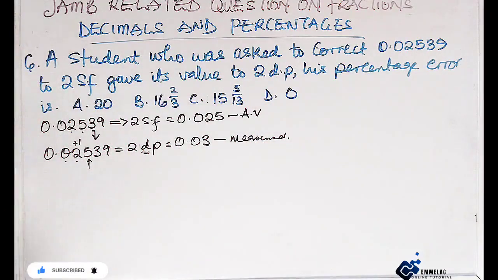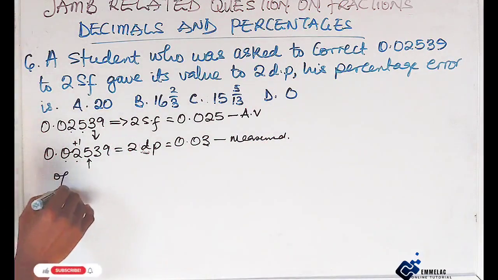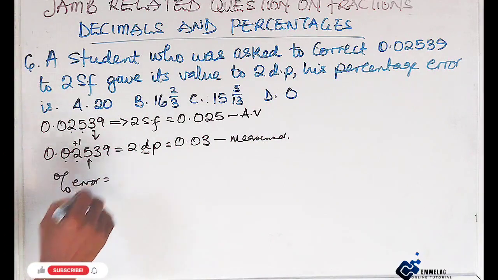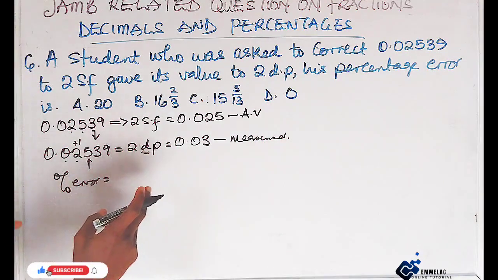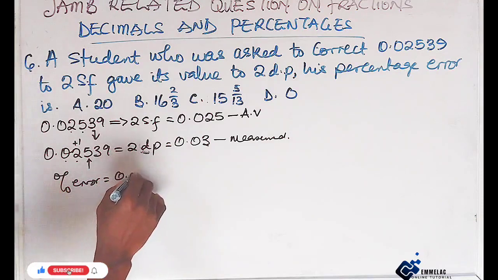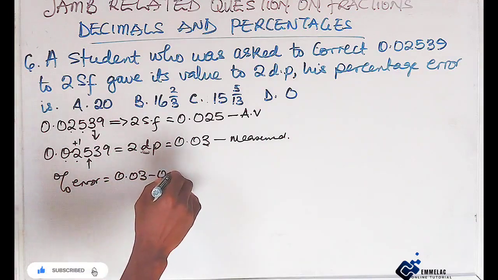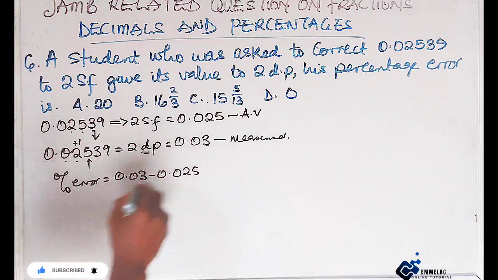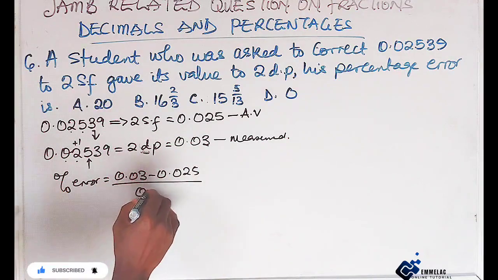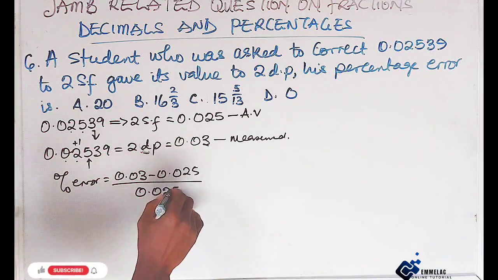Now for us to calculate the percentage error, that will give us the error, which is 0.03 minus 0.025, all over the actual value 0.025.